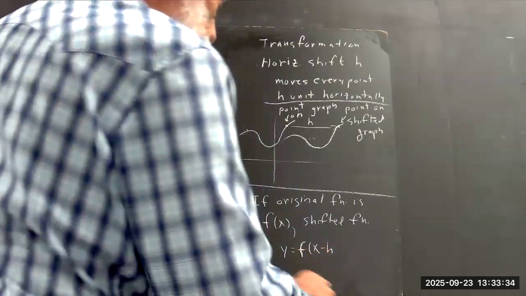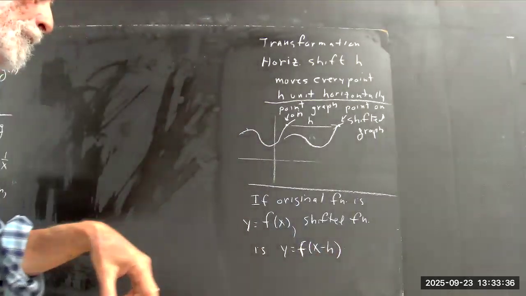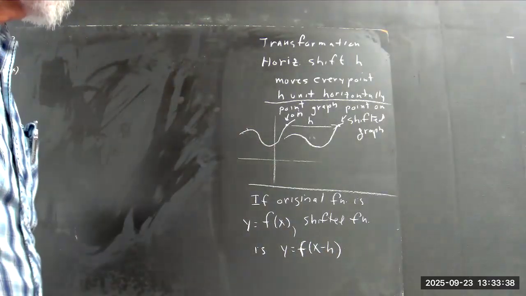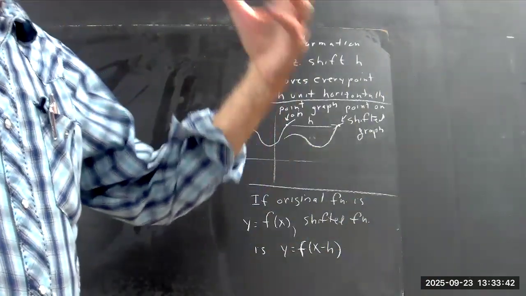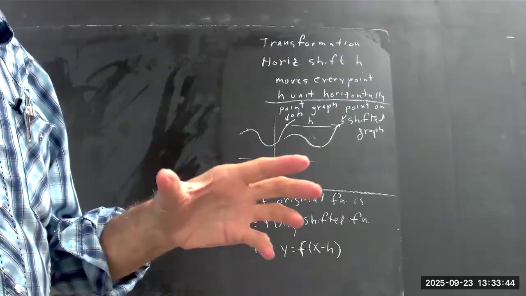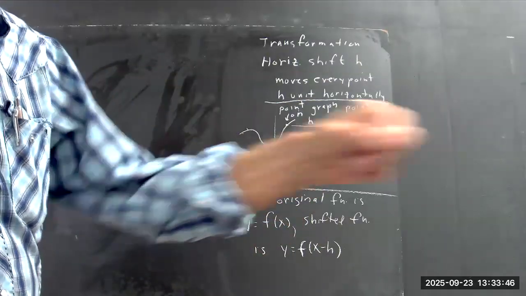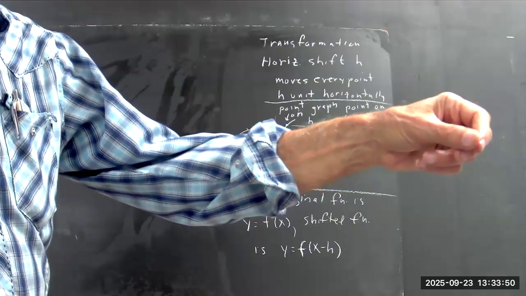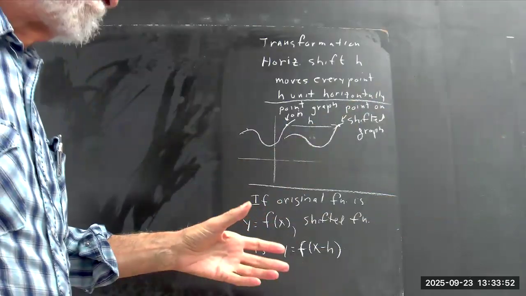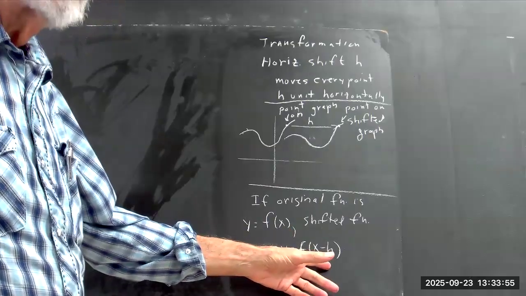You're familiar with this, we've been doing it. If you construct a toolkit squaring graph and then shift it h units in the horizontal direction, then it's going to be f of x minus h.